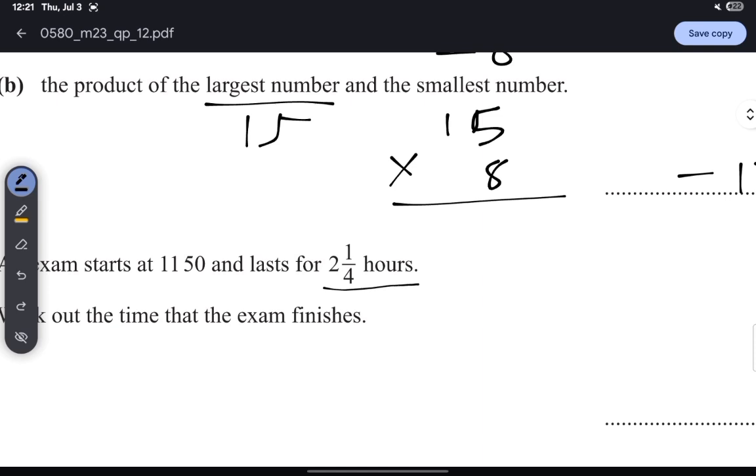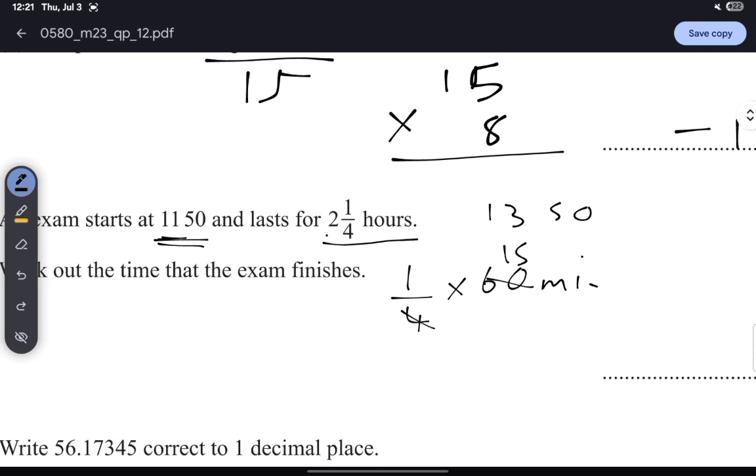First of all, we can directly add 13, because I've added 2 to 11 to make it 13:50. That's 11:50 plus 2 hours. That's 13:50. Then ¼ hours is 1/4 times 60 minutes, which gives us 15. So ¼ hours is 15 minutes.